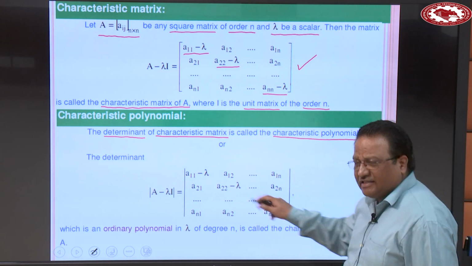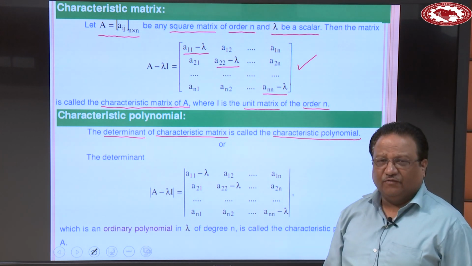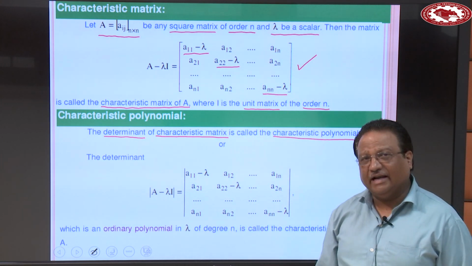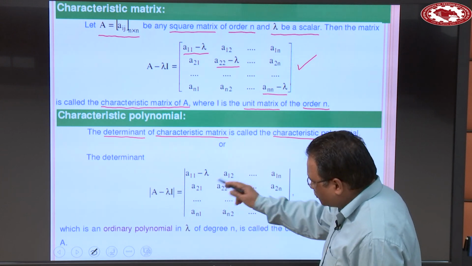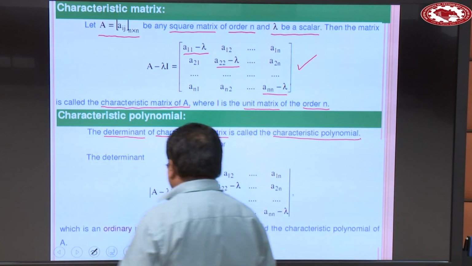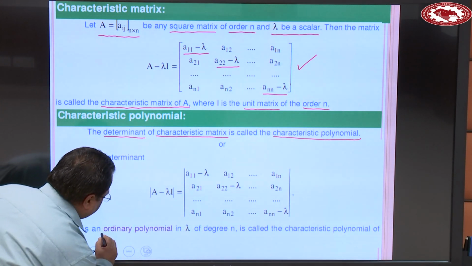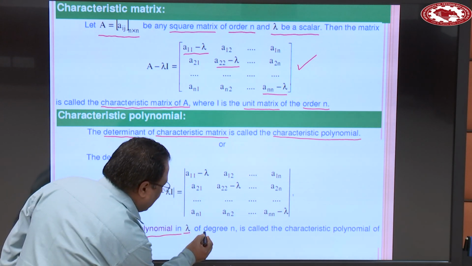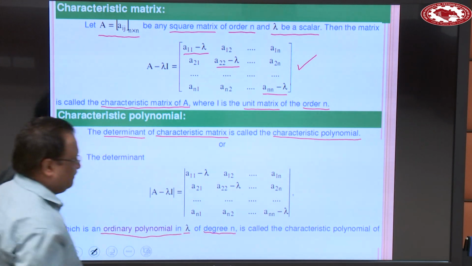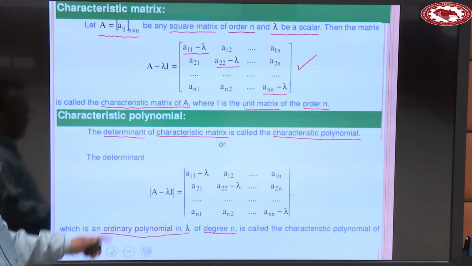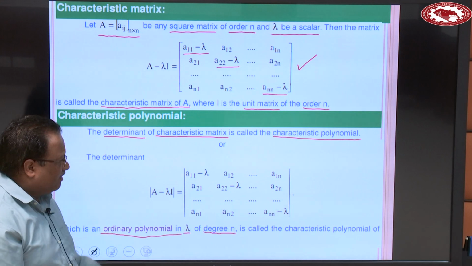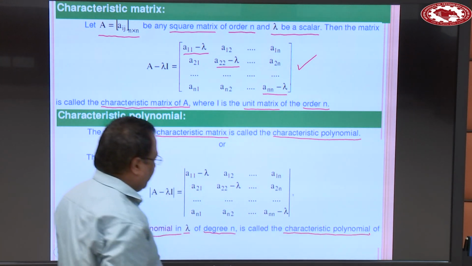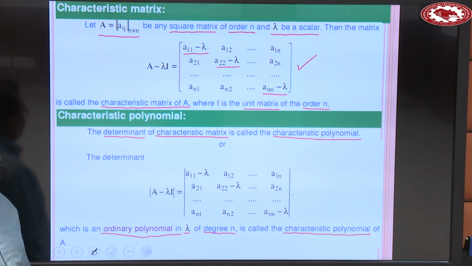When you solve this determinant, we obtain an ordinary polynomial in lambda, and the degree of that polynomial is n. This determinant is known as the characteristic polynomial of the matrix A.